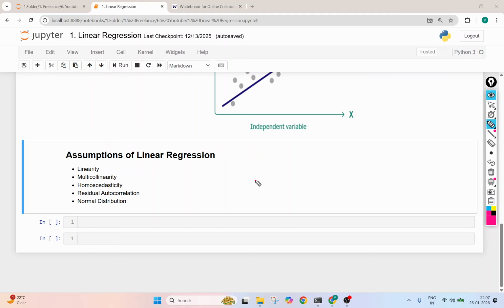All right. The first assumption is linearity. Now, linear regression says that input and output should have a linear relationship between them. That is, whenever we plot the input and the output values, it should show a linear relation, and it should not be non-linear.